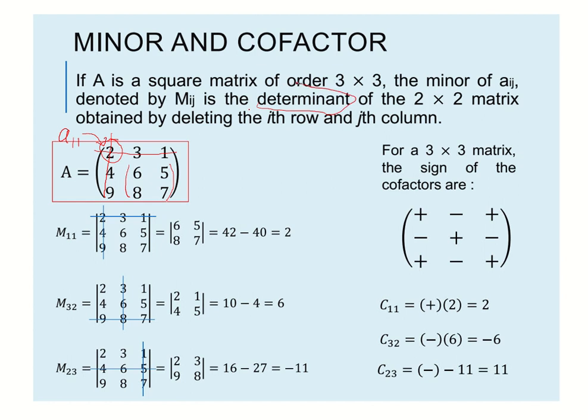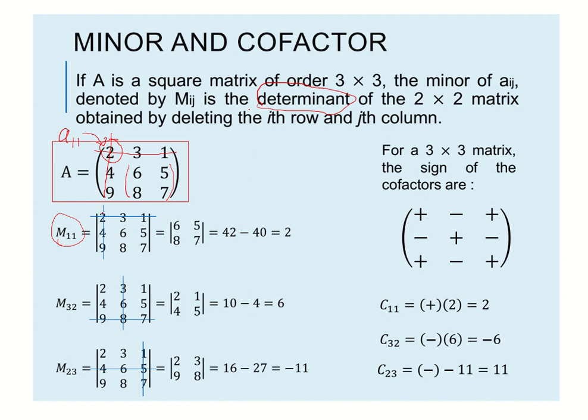The symbol we use for the minor is M11, representing the first row and first column.